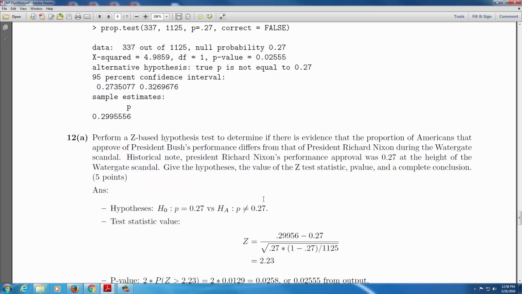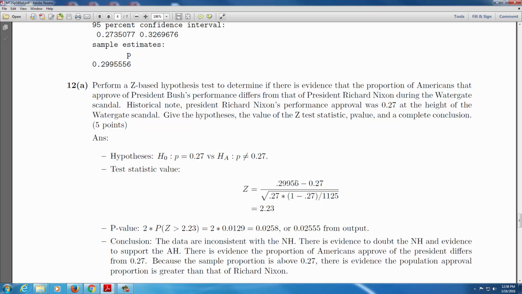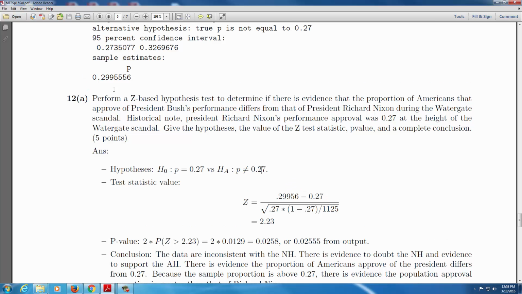So what we want to do is do a hypothesis of null hypothesis p equals 0.27 for the George Bush period, because that's the value that was in place for Nixon back in the 70s. And the alternative hypothesis is that p is different than 0.27. You should probably go ahead and compute this z-statistic using the p hat from the data, 0.2995 something.